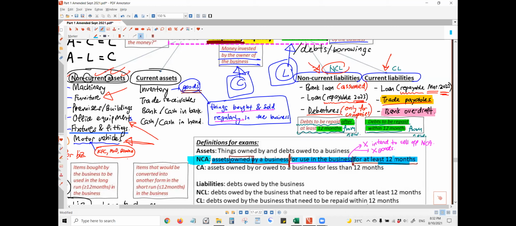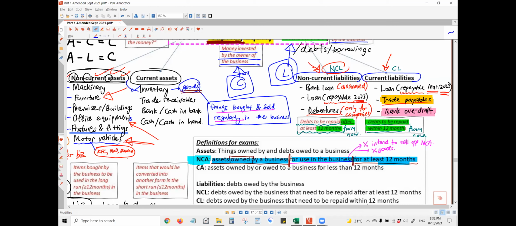Now let's look at current assets again. What are current assets? Just now I explained what is inventory, right? Inventory are the things that you buy and sell regularly in your business. After you have understood what is inventory, you must also understand why inventory is a current asset.